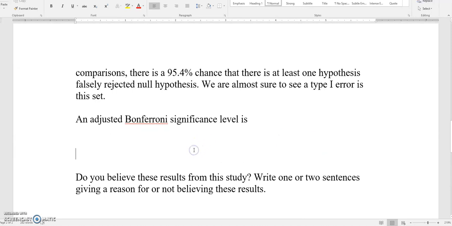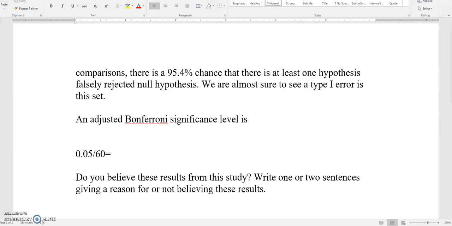If we were to take a Bonferroni significance level, perhaps you're familiar with that, we would take 0.05 and divide it by 60. So that becomes a very small number, right? And we can do that. And that's a very reasonable procedure to use, and one we're going to use right now just because it's easy.